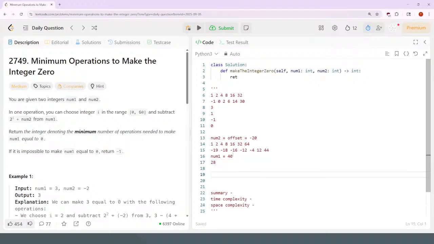Okay, let's think about this. Say you have a start, let's say the start is k.